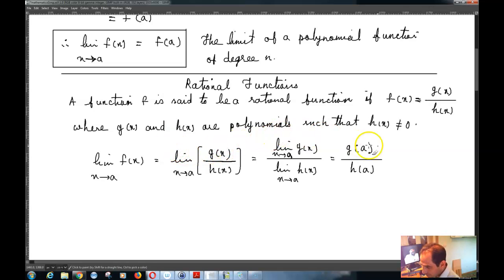The very main point of the whole concept of limits is about rational functions, because you have some polynomial in the numerator, some polynomial in the denominator, and then you divide those two polynomials.